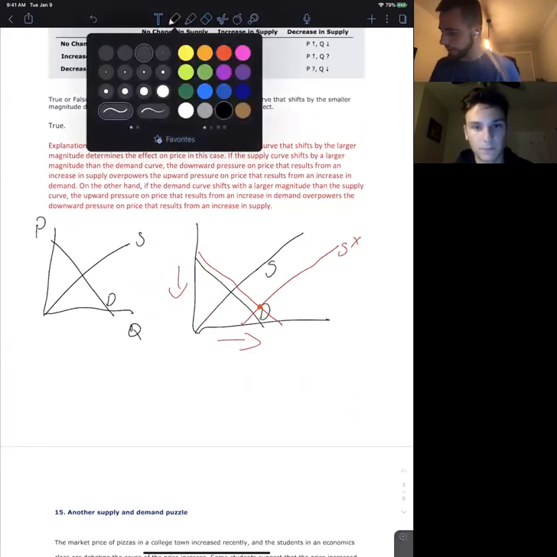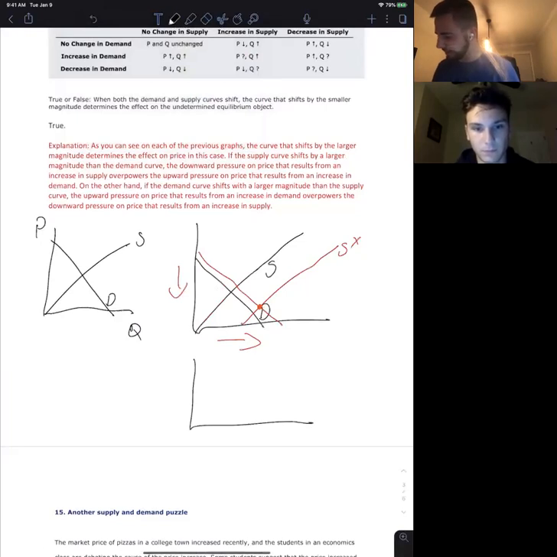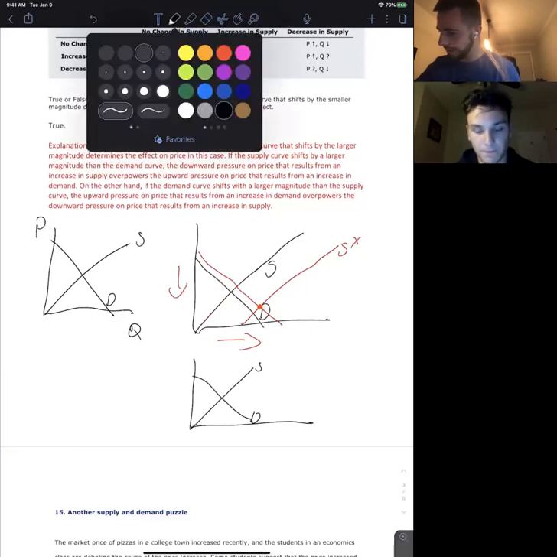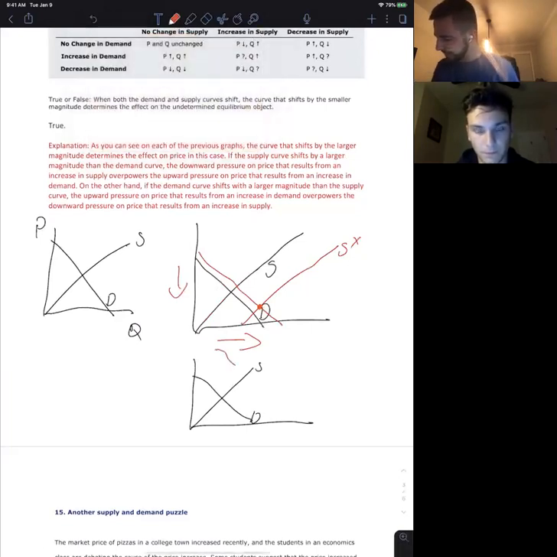And also with the second example, let's say demand skyrocketed. Demand would be way higher and supply would be just a little bit higher. You see that the price increased, but also quantity.